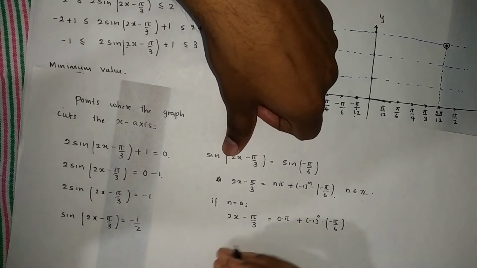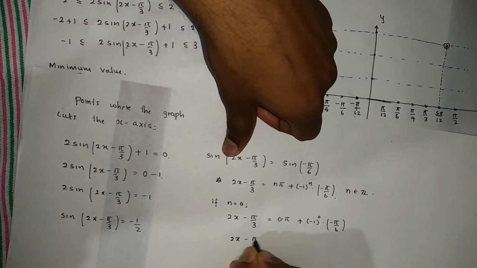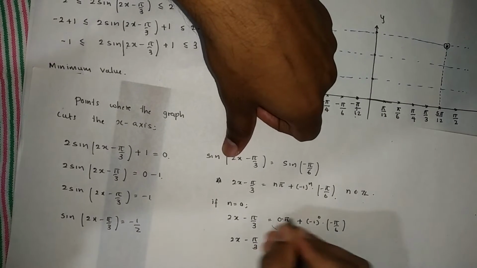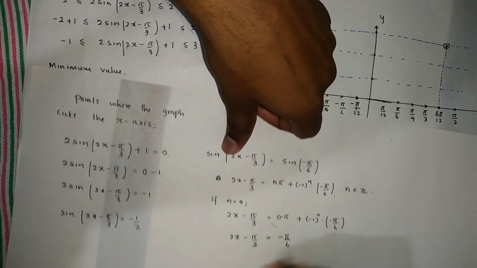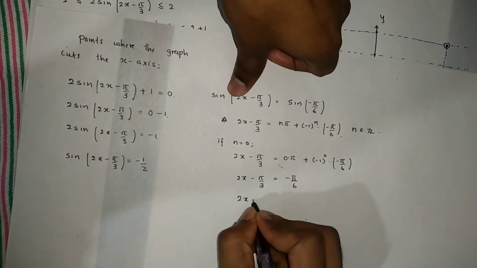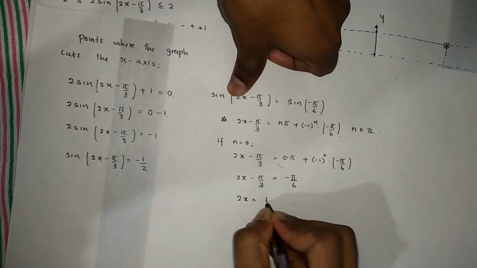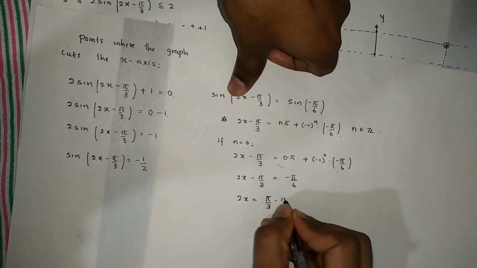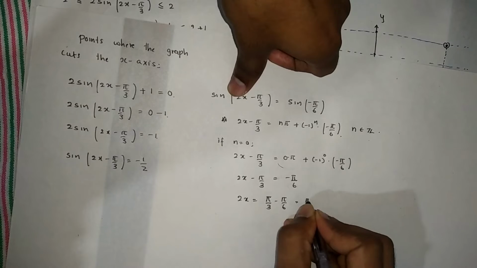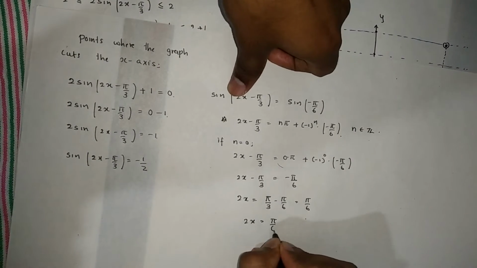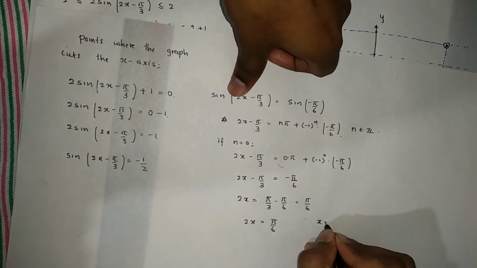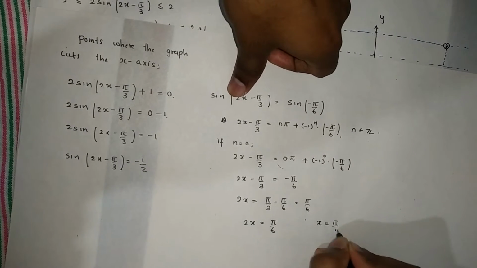So 2x minus pi by 3 is equal to, this is going to be 0 completely, this is 1, and here you have minus pi by 6. Take this pi by 3 to the other side, so you will have 2x is equal to pi by 3 minus pi by 6. So this will give you pi by 6. So 2x is equal to pi by 6, meaning x will be equal to pi by 12.